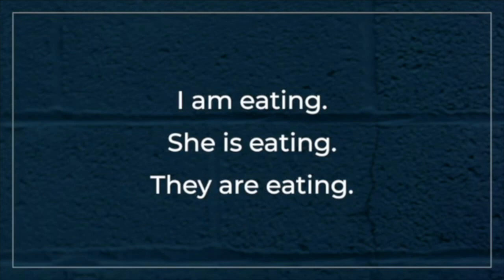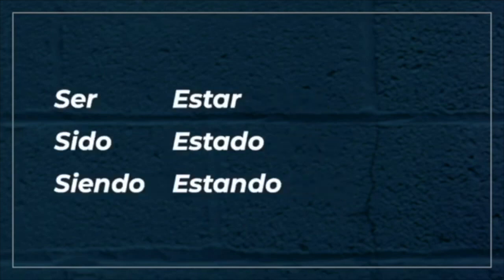What is changing, though? That's the word before eating. In English, gerunds always end with ing. In Spanish, they always end with ndo. So for estar, the word is estando. For ser, it's siendo.